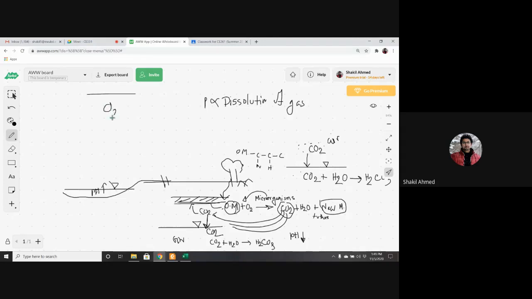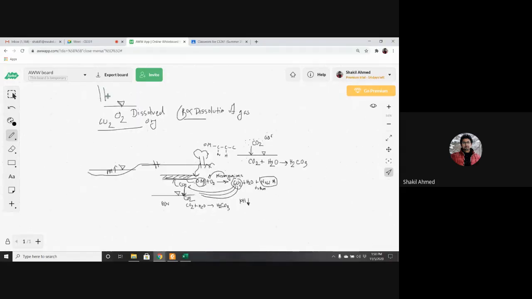Like oxygen can be dissolved into the water, right? And we call it what? Dissolved oxygen. Similarly, carbon dioxide can also be dissolved, and if the pressure is increased, more and more carbon dioxide gas will be dissolved.